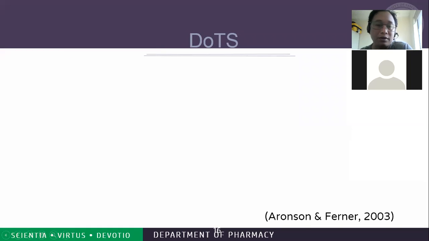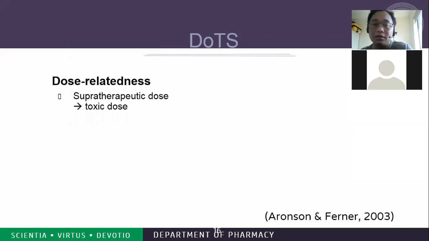Okay, this is the DoTS classification system. Please remember that in DoTS we see any adverse reactions from the dose relatedness point of view, the time relatedness point of view, and the susceptibility point of view.